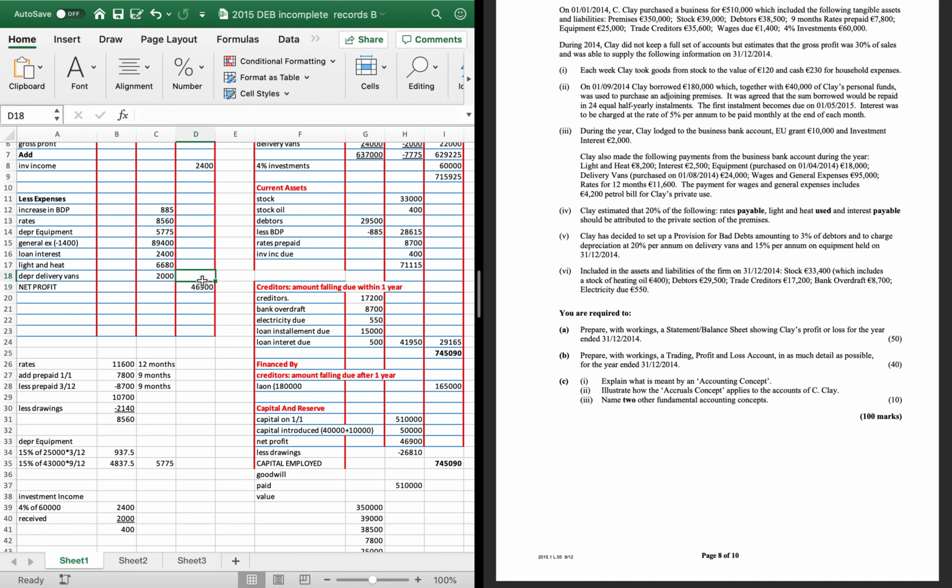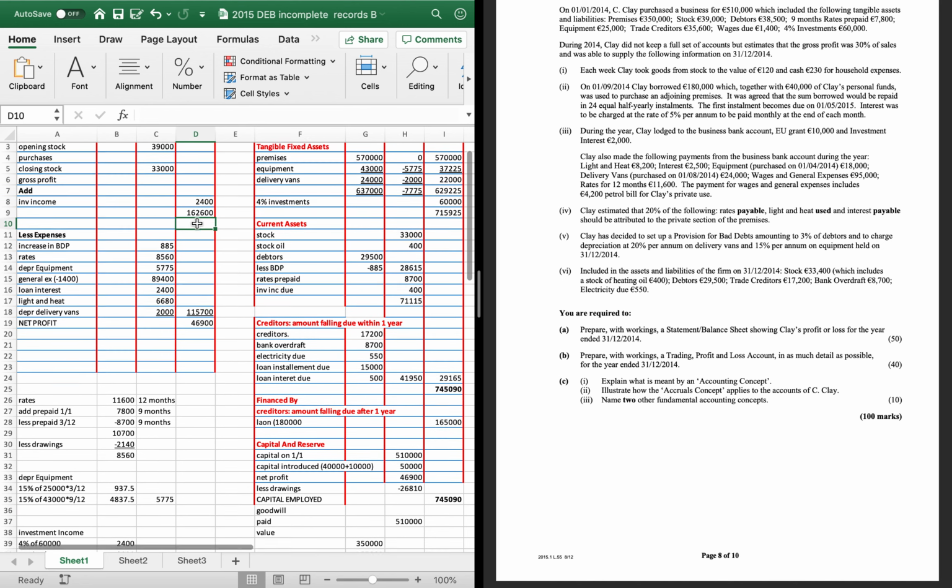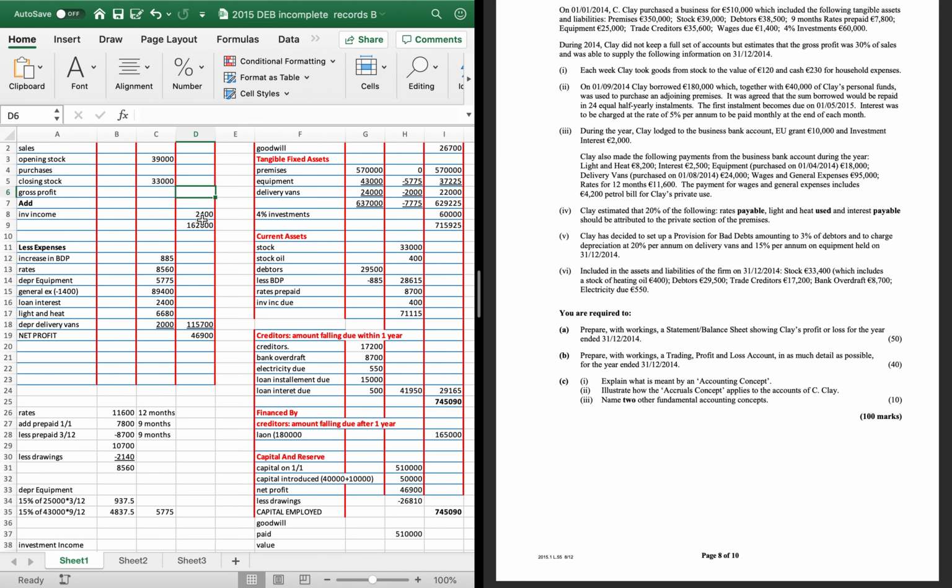Okay, so that's my 46,900, which I'm going to move over to my net profit over here. Again, working backwards, I'll add up my expenses. Hope I haven't made any mistake here. So our expenses are 115,700. So some number minus 115,700 equals 46,900. So to work backwards up the way, add them back on. So 162,600 minus 115,700 does equal 46,900. Same with this, work backwards.